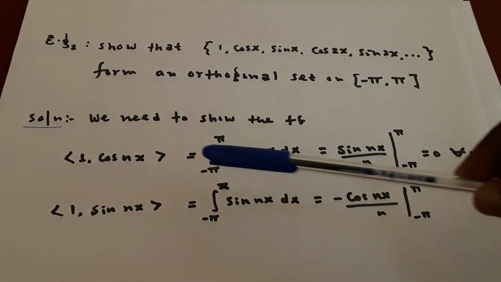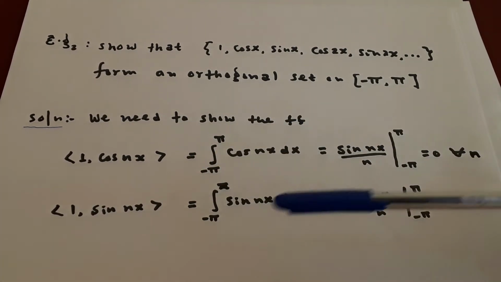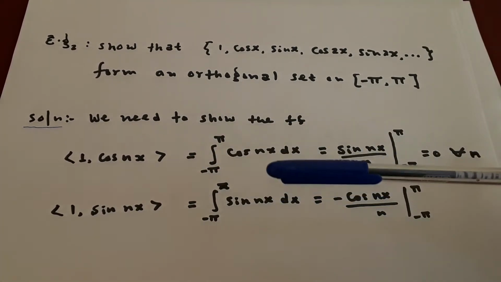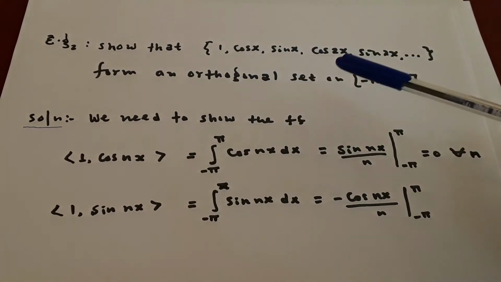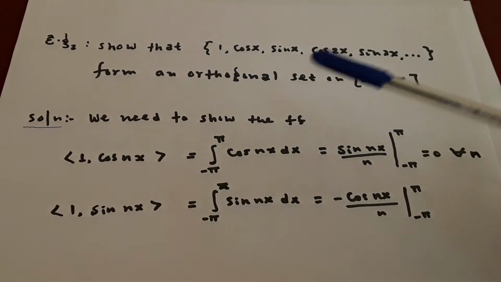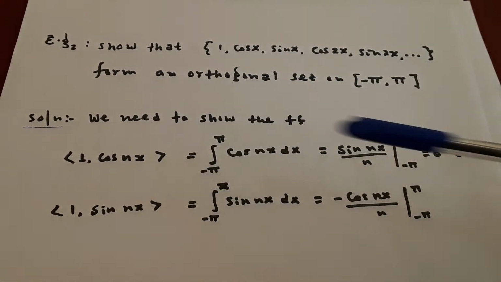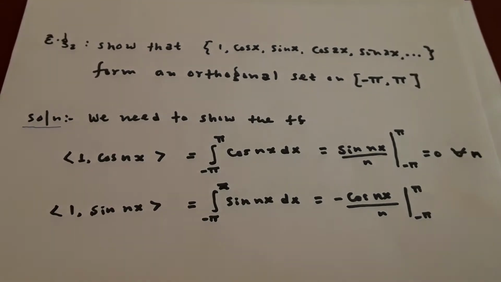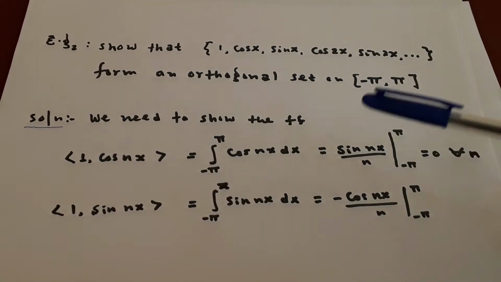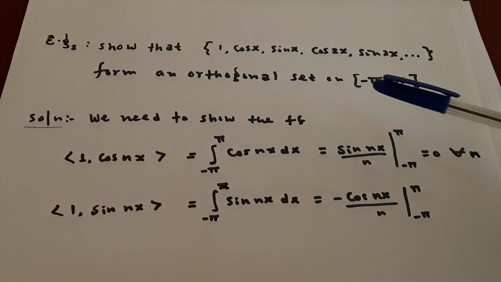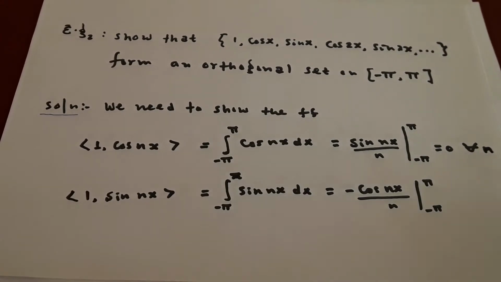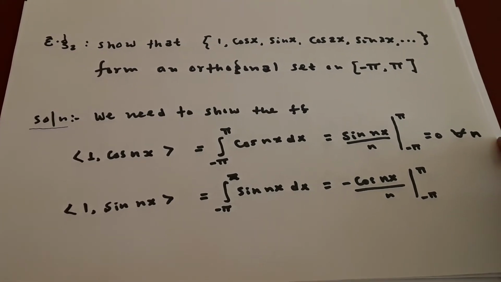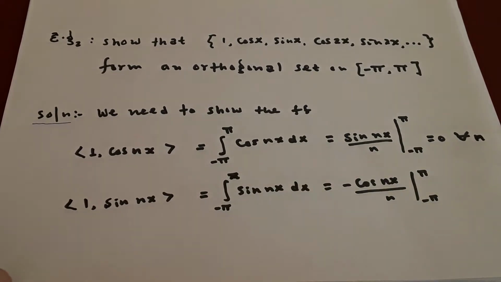So here we need to show that the following statement is true. That means 1 with cos x should be orthogonal, 1 with cos 2x, 1 with cos 3x, generally 1 with cos nx must be orthogonal. Similarly, 1 with sin x, 1 with sin 2x, 1 with sin 3x, and generally sin nx must be orthogonal. So each individual pair must be orthogonal functions on the given interval.